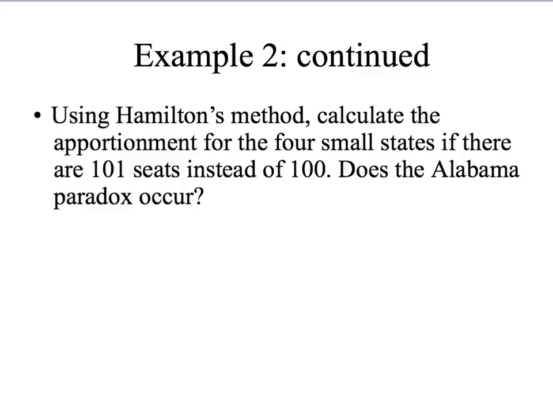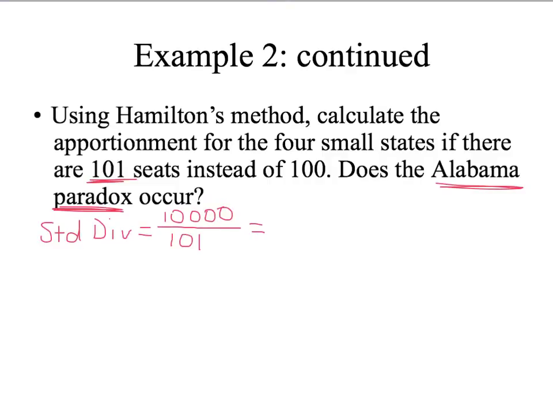So now what we want to do is see if the Alabama paradox occurs if we now have 101 seats to apportion instead of 100. So you have to start by finding a new standard divisor. We know that the sum of all the populations is 10,000, but now we're apportioning 101 seats, and so we get 99.